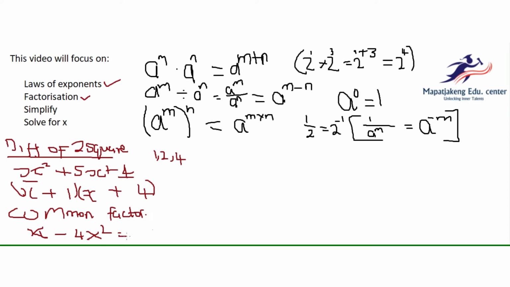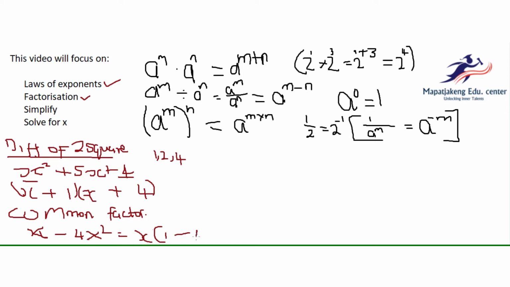If you're factorizing a common factor, you just take x out, multiplied by something to give back this. What is that? 1. x times 1 is going to give you x. Then minus x times whatever is left is going to give you the original.